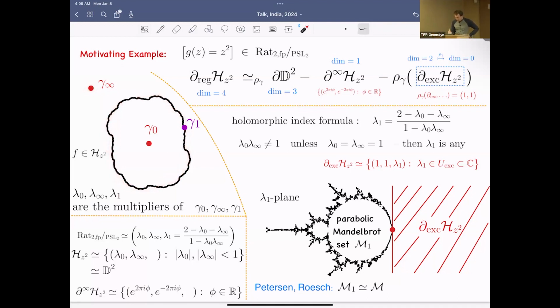So here we have the infinity. And the lambda infinity is the derivative at our fixed point. And similarly, lambda naught is the derivative at the zero cycle.